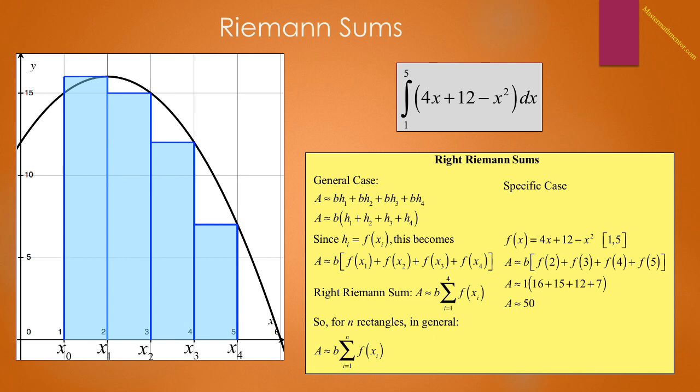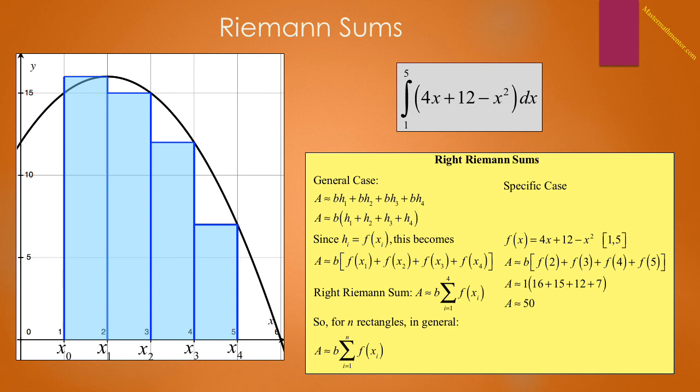Our area for right Riemann sums will be b h1 plus b h2 plus b h3 plus b h4. And we can factor out the b and write that as b quantity h1 plus h2 plus h3 plus h4. The height of any rectangle i is equal to f of x sub i, and therefore this becomes b times f of x1 plus f of x2 plus f of x3 plus f of x4.